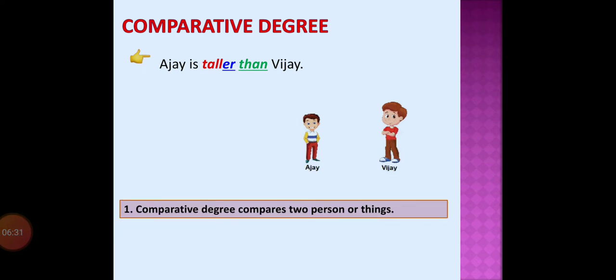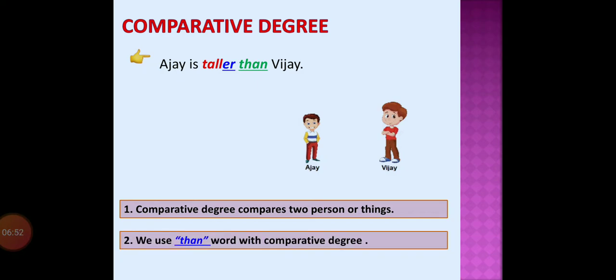So, our second degree of comparison, that is comparative degree, always compares between two persons or two things. Got it? Very basic thing. Comparative degree compares between two persons or two things. And secondly, always keep one thing in your mind: we have to use the word than with comparative degree.